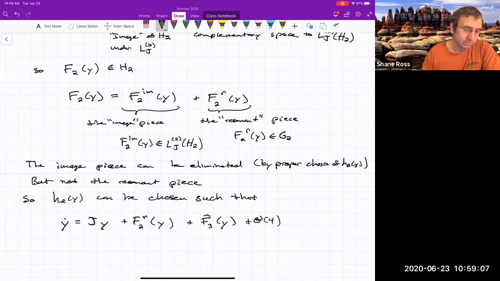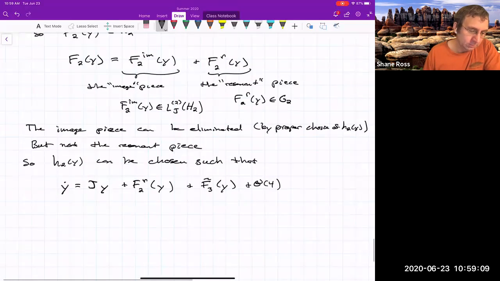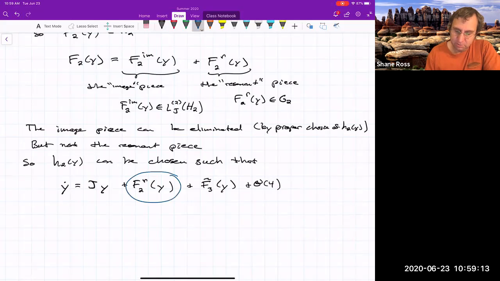And these would be, in some sense, the most simplified. The ones that we can't get rid of, we tried our best. So this is the most simplified order 2 terms.